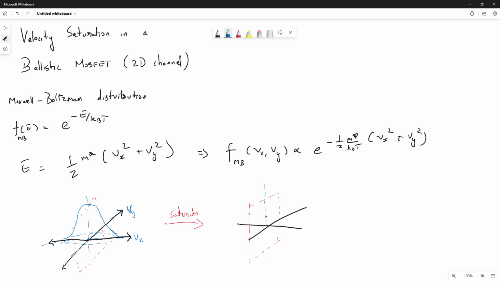This is the velocity distribution function. So everything to this side of the plane where Vx is negative, the probability will become 0. So this is Vx and this is Vy. The entire velocity distribution will be only on this side.